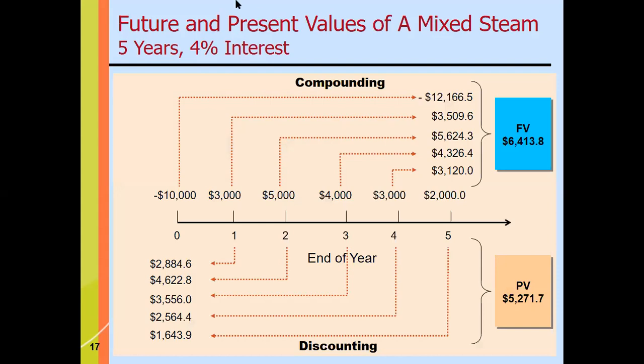Okay, so what about future and present values of a mixed stream, assuming 5 years and 4% interest? You can notice that the amounts of the periodic payments are different from each other. So what we can do is compute separately the future value and present value of each cash flow.